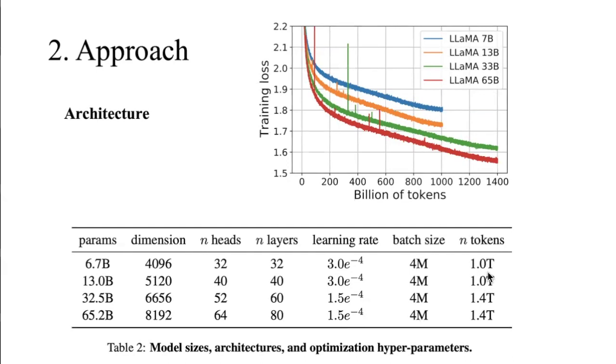For the smaller model, they see 1 trillion tokens, and for the large model, they train to see 1.4 trillion tokens. And this is their training loss during the full pre-training process. You can see that at some point the model may explode.